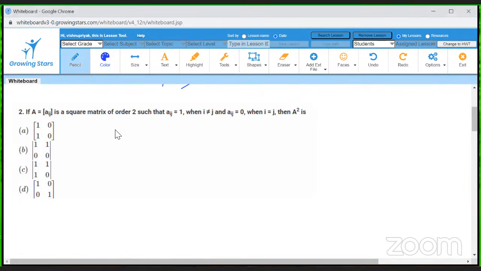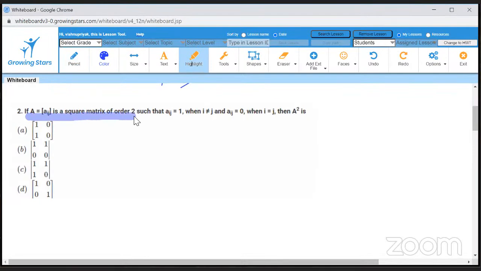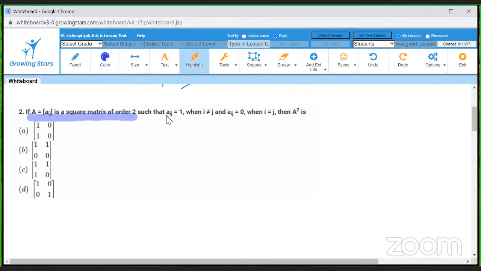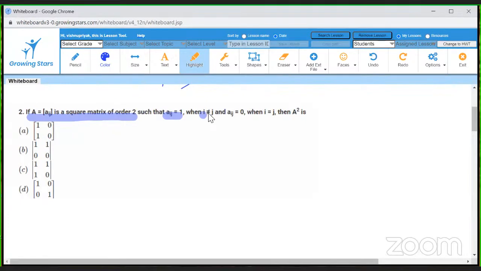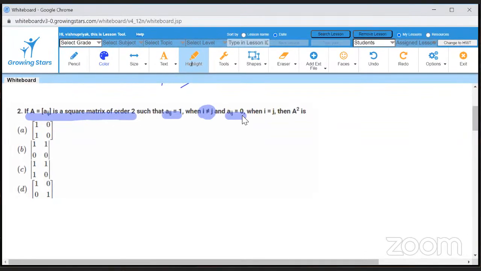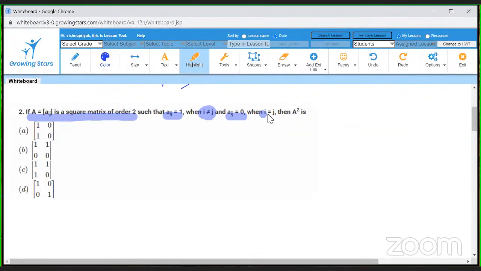Okay, second question. Aij is a square matrix. Aij is 1 when i is not equal to j, and Aij is 0 if i equal to j. So what will you get?